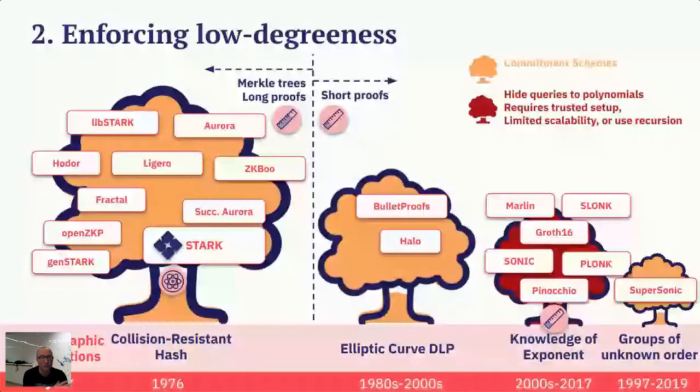If you go to the left, you get really long proofs, in the dozens of kilobytes, because they contain a lot of Merkle tree paths. On the right-hand side, there's all this homomorphic additive structure that comes from number theoretic constructions that allows you to compress things a little bit more. On the left, there's really no structure, which is why they are more quantum resistant and use leaner cryptography. But because of that, things have to be more verbose, and that's another trade-off.